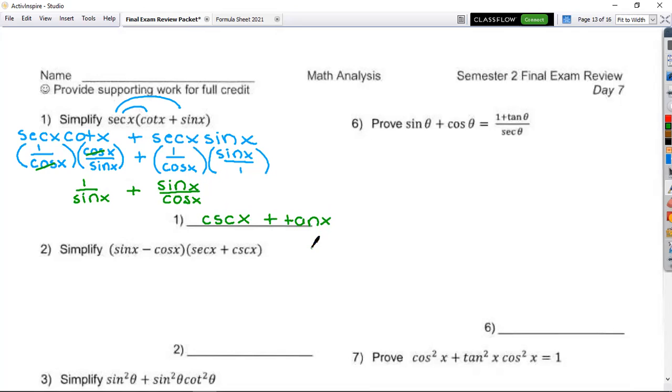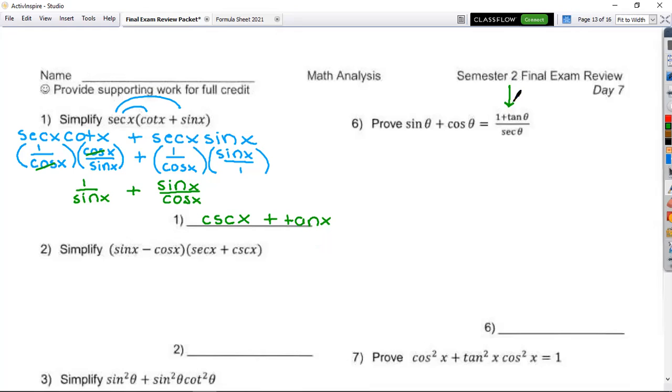I'm going to go across, so over to number 6. Number 6 says to prove. So what you're going to do is work with one side and simplify it into the other. I typically like to work with the more complicated side. So I'm going to start this here, and we're going to plug in all your substitutions and show that we can obtain the left-hand side.